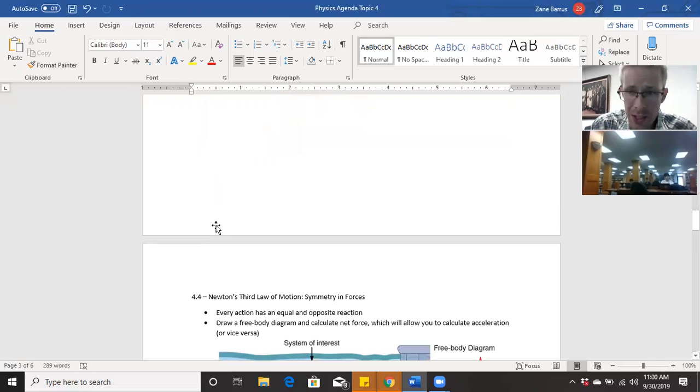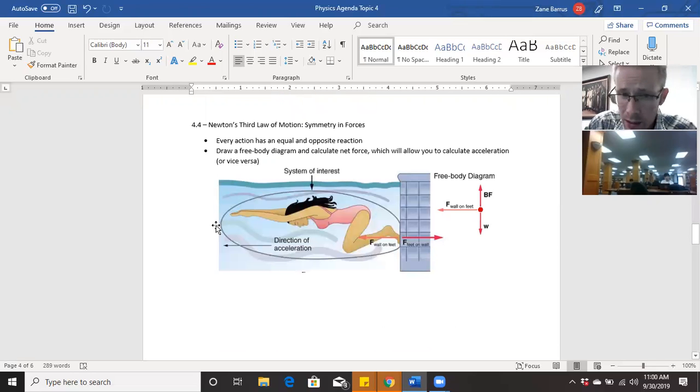Okay, so here we get to another kind of 8th grade law of Newton's. Okay, this is another one that's kind of got a colloquial phrase to it. Okay, so you've probably heard that every action has an equal and opposite what? Okay, that's Newton's 3rd law. Good.